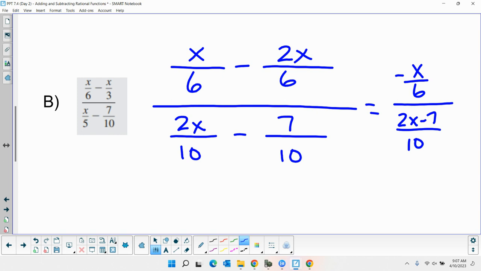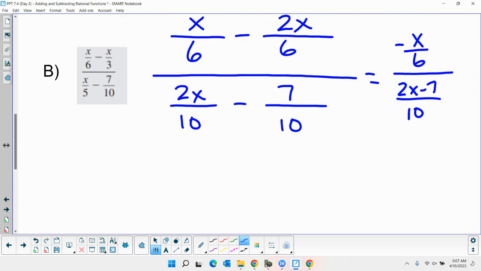So there's what it looks like now. One fraction divided by another fraction. So I'm going to multiply by the reciprocal. So the top one doesn't change. The bottom one flips. What goes into 6 and 10? What number? 2, right? So 2 into 6 is 3. 2 into 10 is 5. Nothing else.